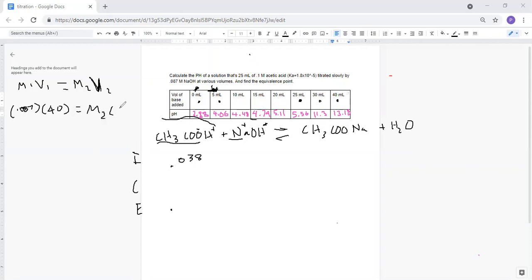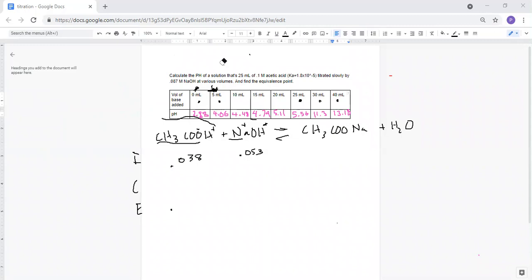Once it's mixed with the acid, it's going to be 65. So our second molarity for the base after they're mixed together is 0.053. Now you can see how the molarities are kind of changing. Acid's even going lower. It's being diluted because there's more base added to it, so it's less concentration of acid, but we're adding a lot more base.